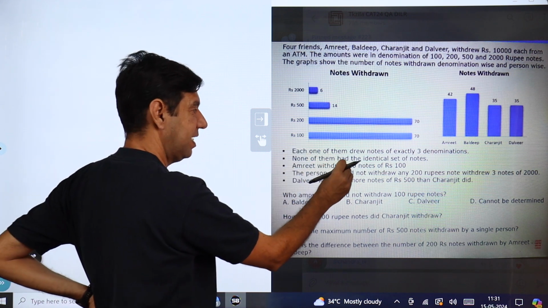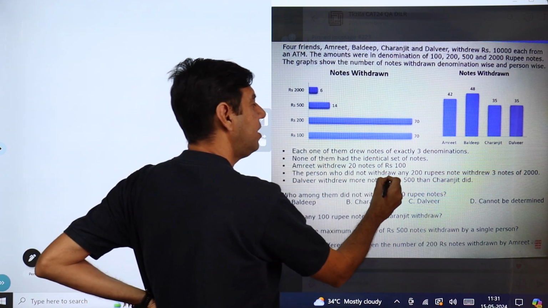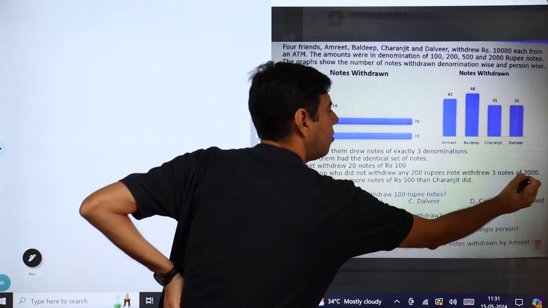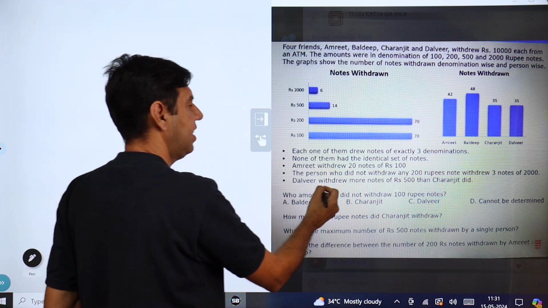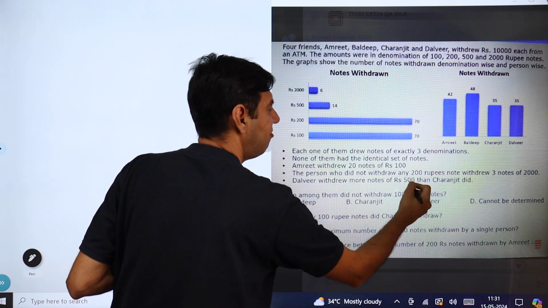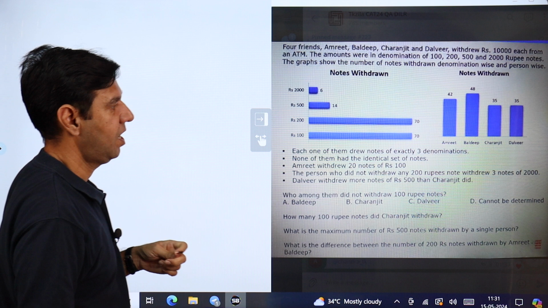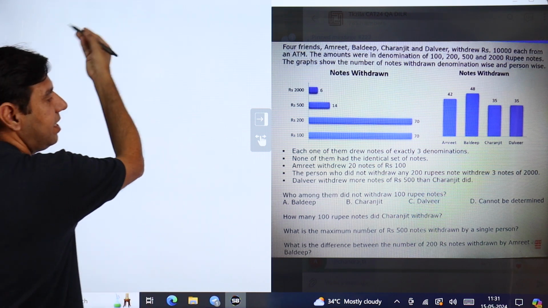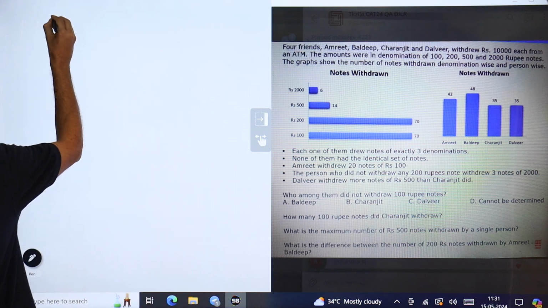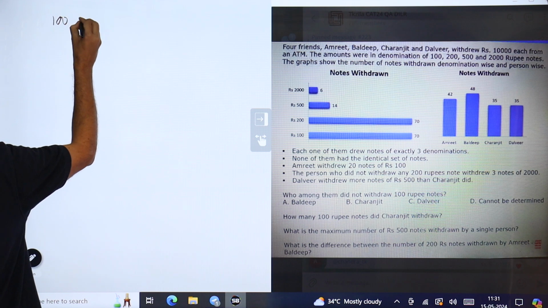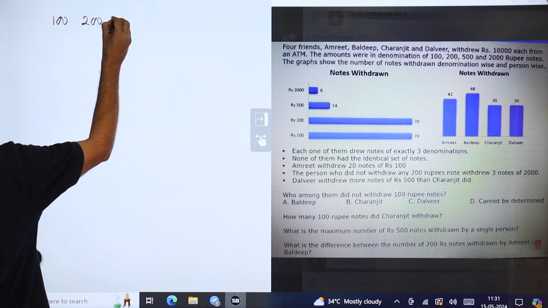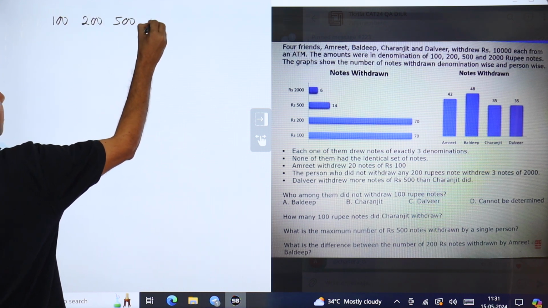Okay, now we come to specific data. The person who did not withdraw 200 notes withdrew 3 notes of 2000, and D withdrew more notes of 500 than C. Okay, so the grid is pretty obvious. I don't think one needs any thought there. The denomination wise, so this is denomination wise.